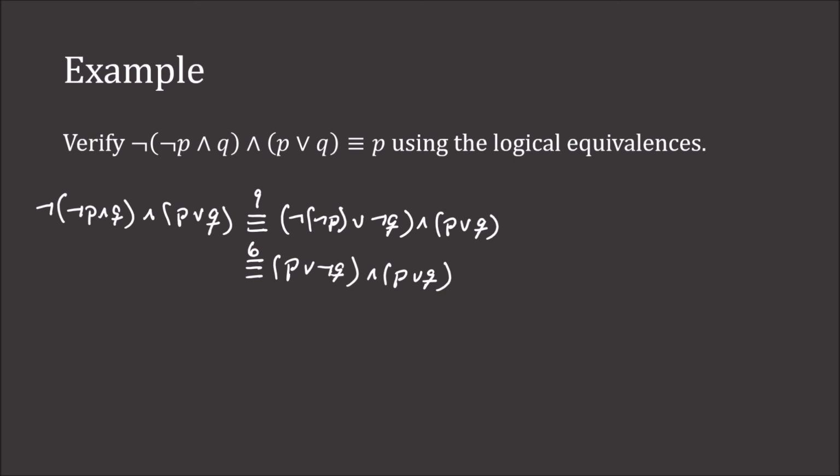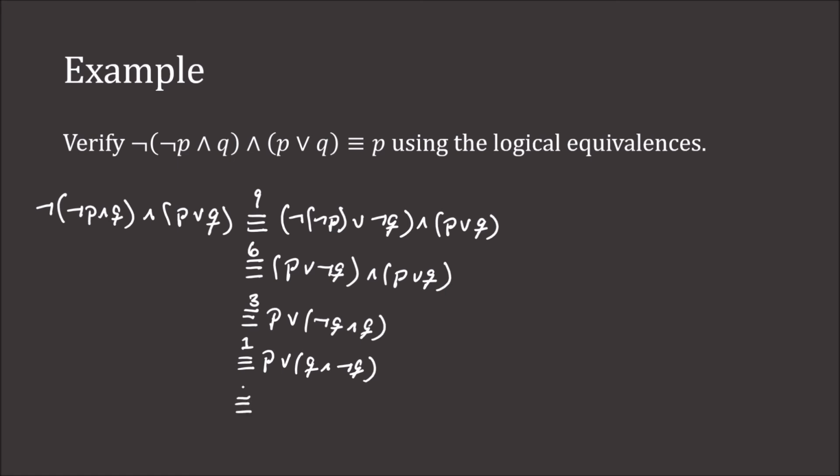Now notice here, I have a P or in both statements. So I can say this is logically equivalent by property 3, which is the distribution in reverse, as P or (not Q and Q). Which is equivalent by property 1, which is commutative, to P or (Q and not Q).